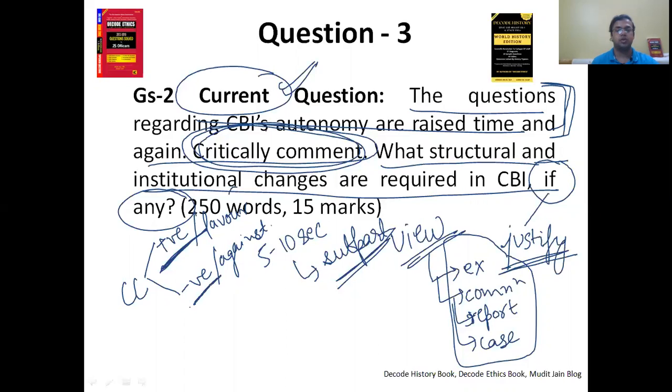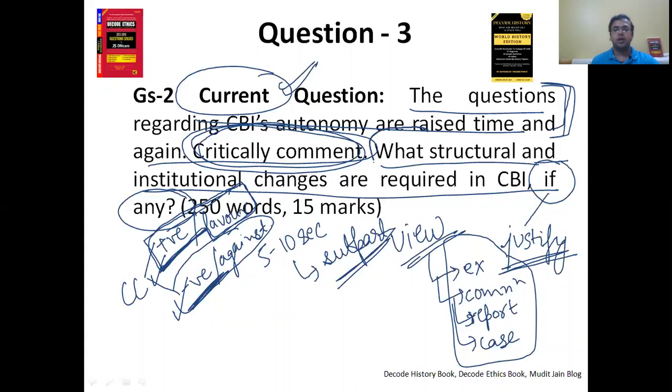Second, you will say that no, it is not autonomous. And you will give the examples when questions were raised regarding autonomy of CBI, and then you will give examples when it was proved that CBI is an autonomous body because of its positive function. So either way, again, you have to justify and you have to write both sides of the view.